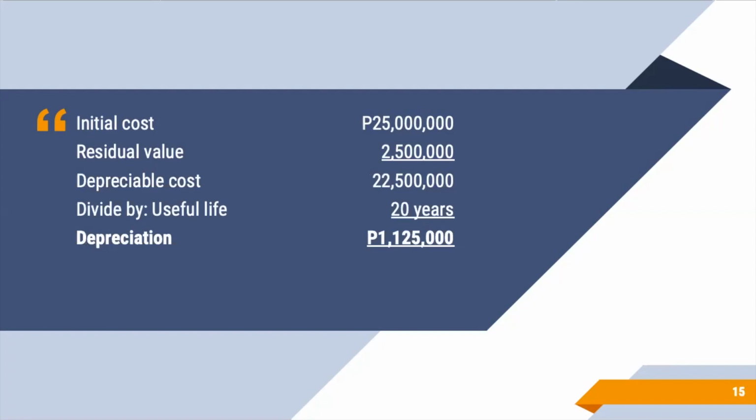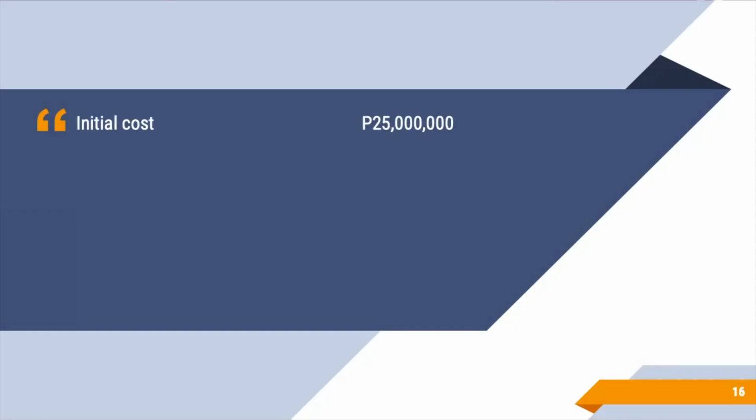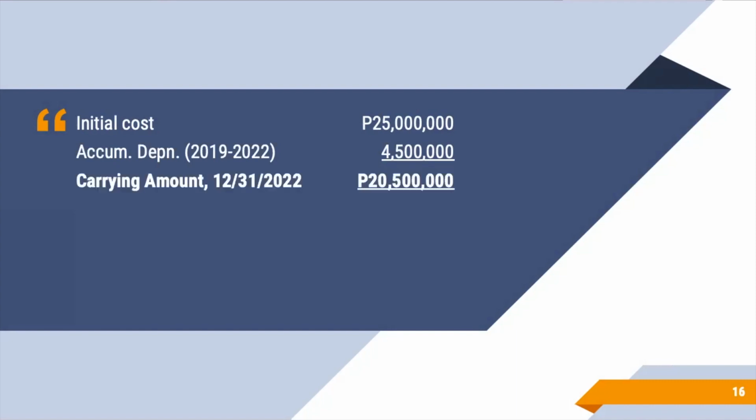For each year from 2019 to 2022, you will depreciate it by 1,125,000. So since the initial cost is 25 million, the accumulated depreciation, which is for 4 years, would be 4,500,000. The carrying amount as of December 31, 2022 is 20,500,000.